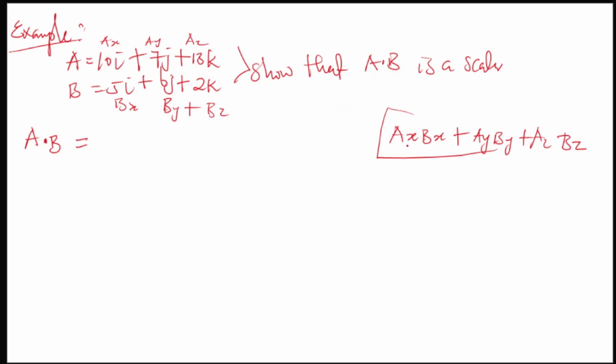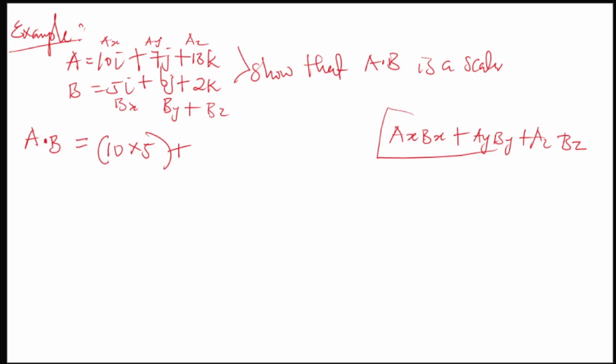Now if you do that, what are we seeing here? The first thing is AX multiplied by BX. We are seeing AX to be 10i, and we have BX to be 5i. So you go back to your formula and input those values. You have 10 multiplied by 5, right? The next thing is plus AY and BY.